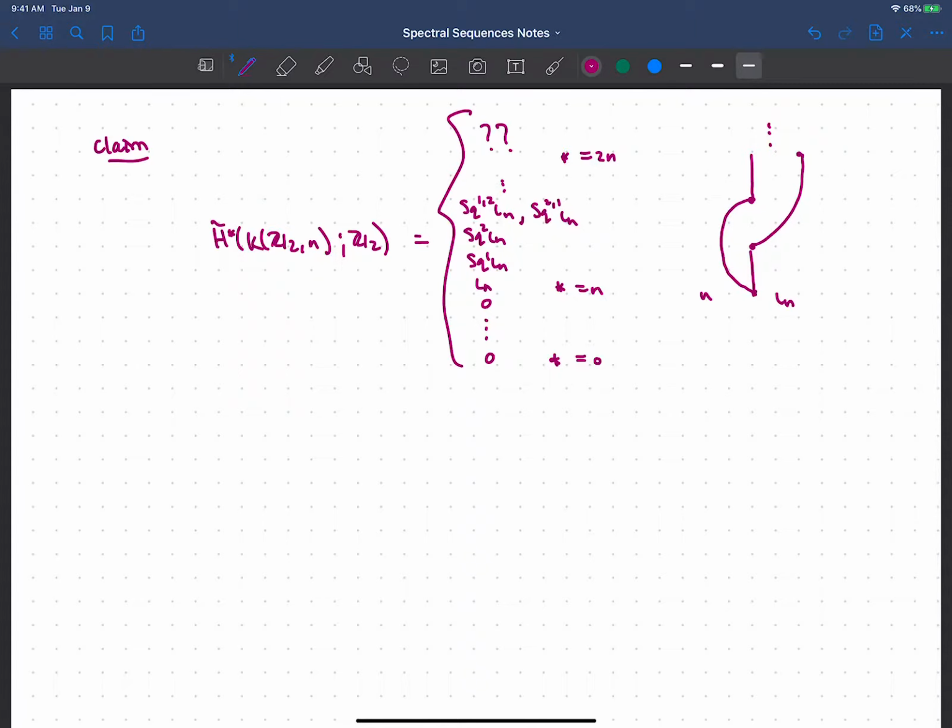But of course, this won't be free forever, so at degree 2n, something else happens. And we'll say more precisely what later on. But this is what we want to prove. And then, of course, we can just take the map from the Steenrod algebra to this by sending the squares to the squares on this fundamental class.